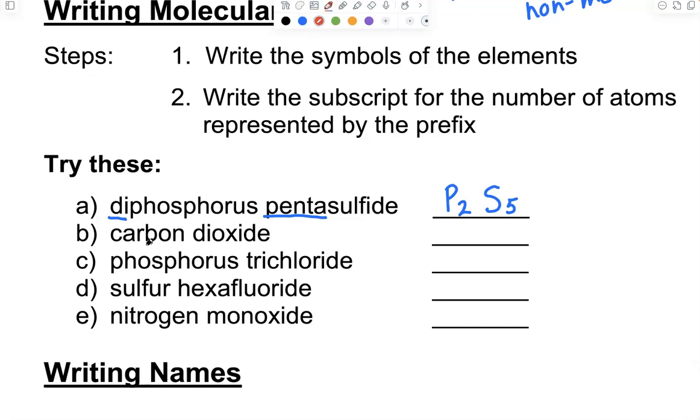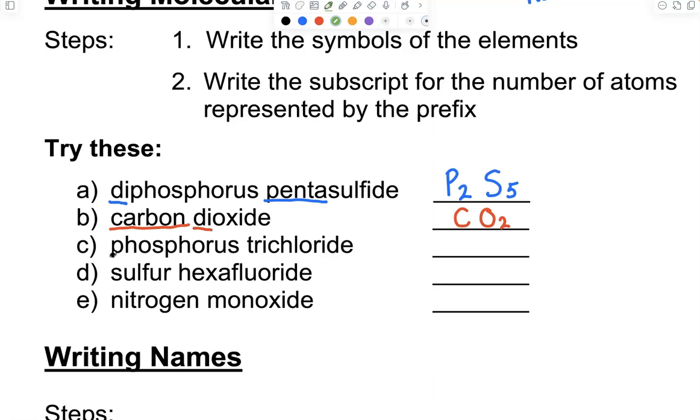Okay, if we look at carbon dioxide, it just tells us carbon. So we're simply going to write just that C. If it is dioxide, oxide tells us it's oxygen. The di is number 2.